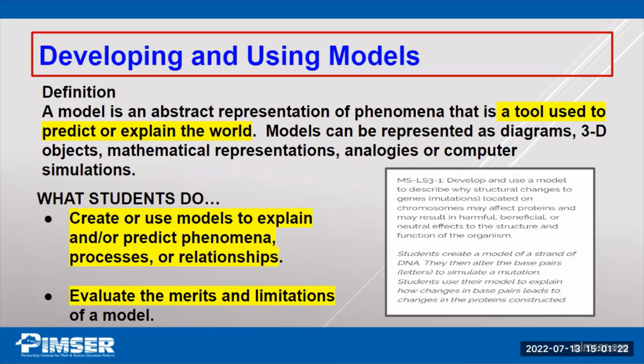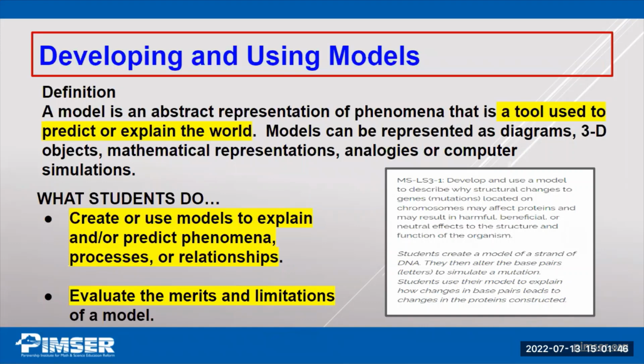So we're looking at LS3-1. This is currently in 8th grade PE in Kentucky. Develop and use a model to describe why structural changes to genes, mutations, located on chromosomes may affect proteins and may result in harmful, beneficial, or neutral effects to the structure and function of an organism.